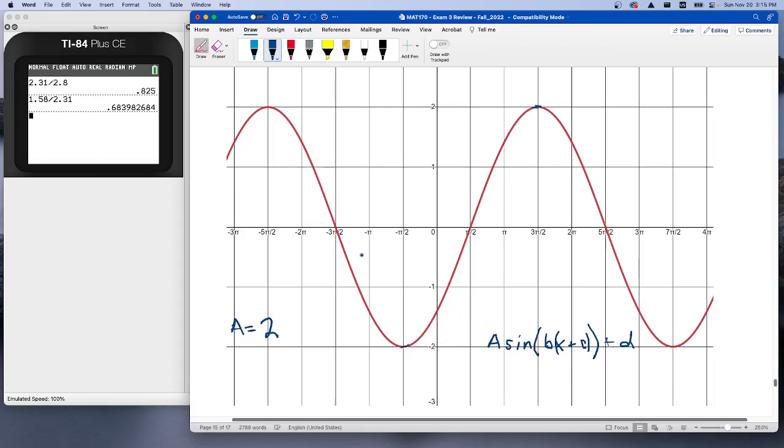Same thing with period. For the period, we need to get the distance from where it starts to where it repeats. We could go from here to here. A fairly clear one is from the top to the top. This is going to give us 1 period. So what's that distance? From here to here is 3 pi over 2.